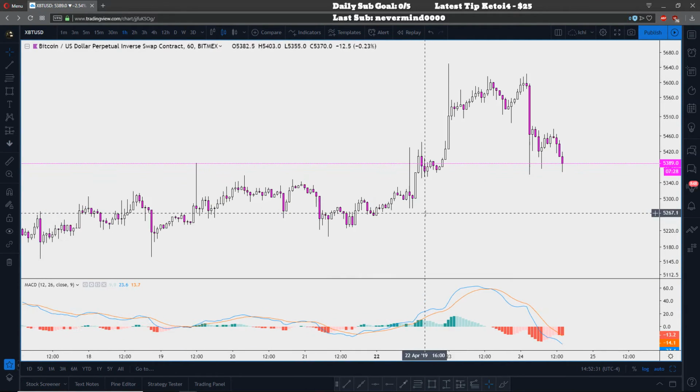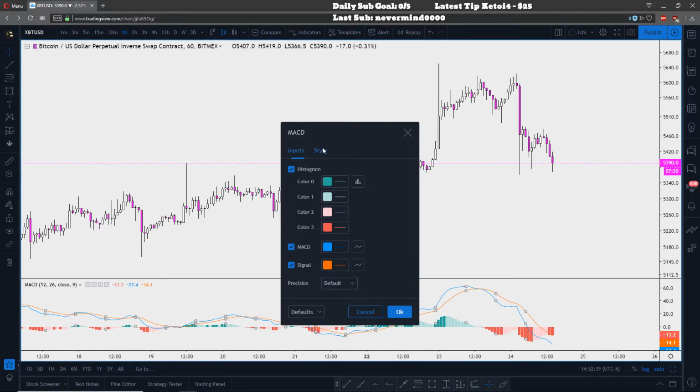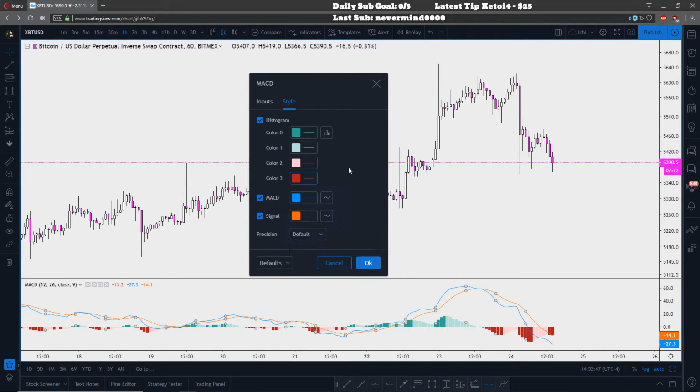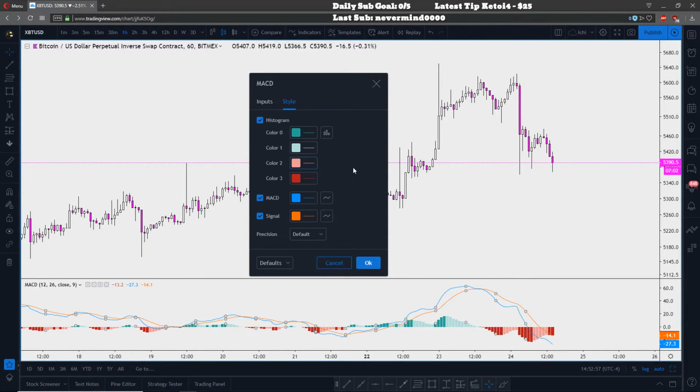Let me change my colors a little bit because it's kind of hard to see on a white background. So this is the default. Let's make sure it's default. Reset settings. Okay, this is the default. Let me change my colors a little bit. Make this red. Let's make this a little darker. Not that dark. That should be good.